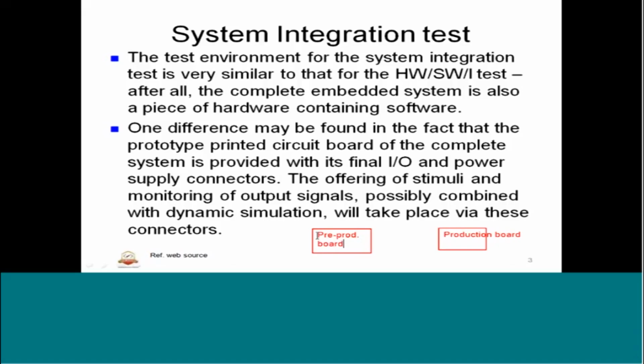So what is the difference between these two? If there are going to be any bugs or any fixes needed, all those final stages of the work will be done on this pre-production board, and to test that we definitely need interfaces, right? Like we need debuggers, we need test hooks in terms of ports.